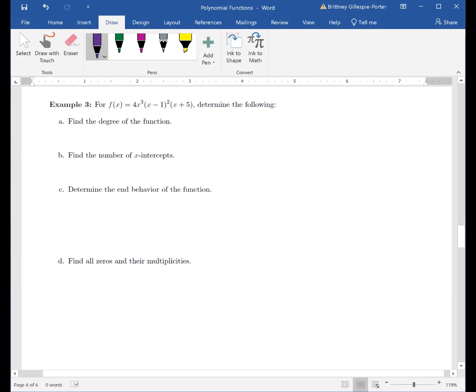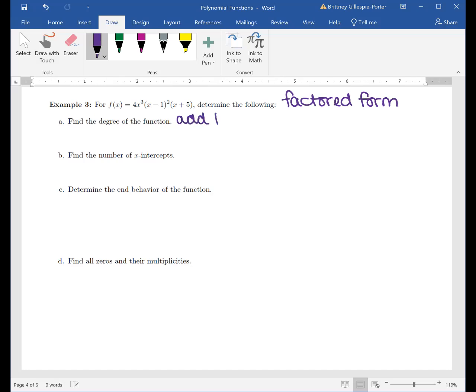Okay, so number 3. We have this polynomial function. We need to determine everything that's going on. First, before we even look at part A, B, C, etc., let's determine if we have standard form or factored form. Because we see parentheses, we have factored form. So part A, for the degree, because it's factored form, we need to add the exponents. Remember, exponents are the multiplicities, and we'll come back to that again.